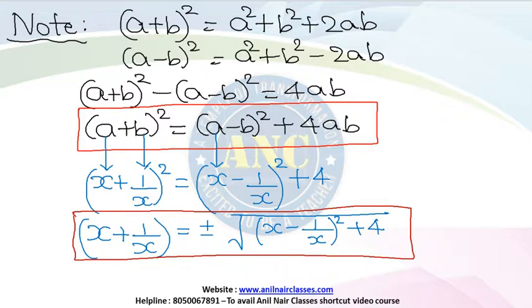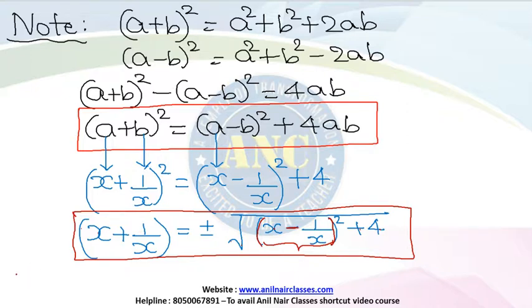Similarly, if x minus 1 by x is k, then x square plus 1 by x square was k square plus 2. Now, suppose I know the value of x minus 1 by x. I can substitute it inside this bracket, square it, add 4, and take the square root.